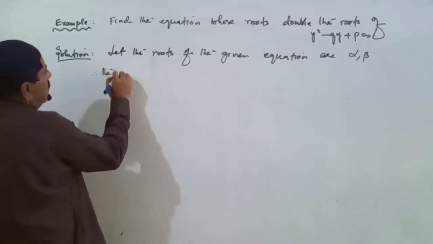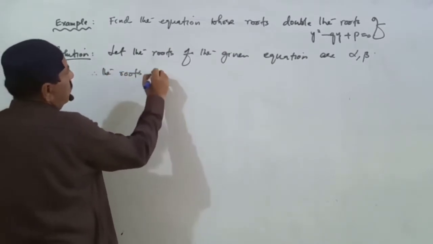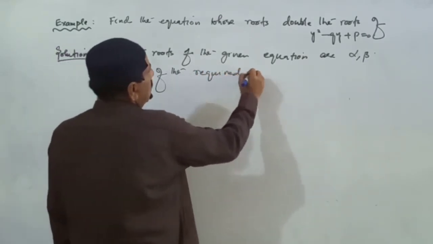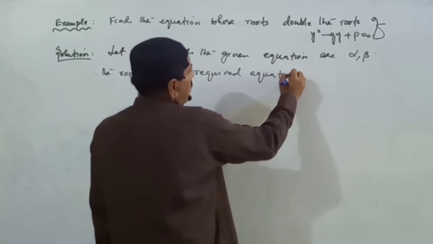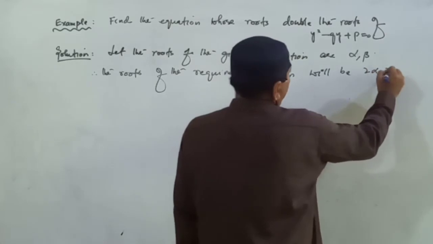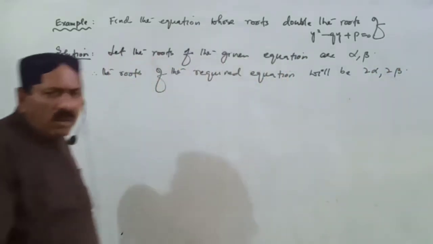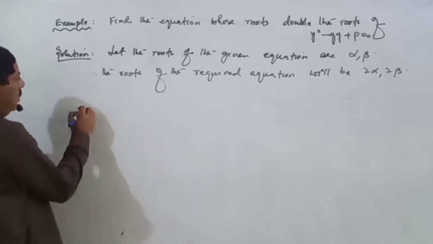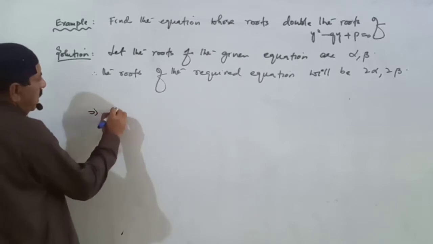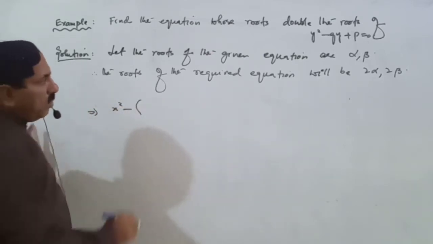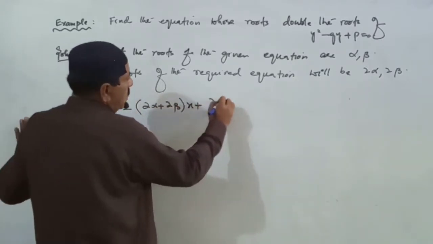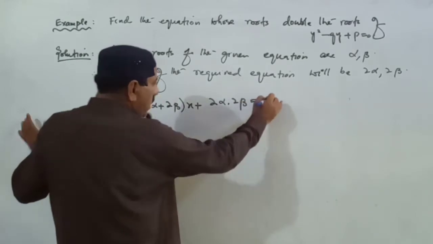Therefore, the roots of the required equation will be 2 alpha comma 2 beta, because of the double of the roots. So therefore, it implies that x square minus sum of the roots, 2 alpha plus 2 beta, x plus 2 alpha into 2 beta, product of roots, is equal to 0.